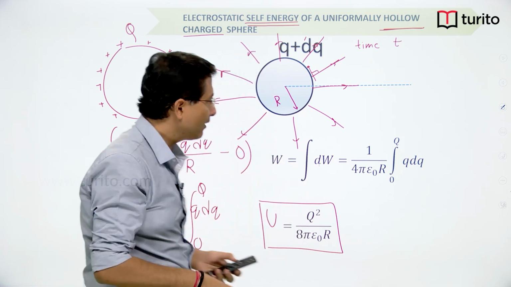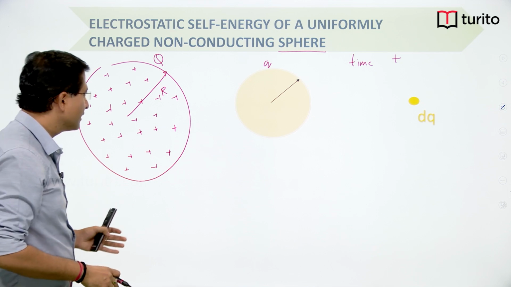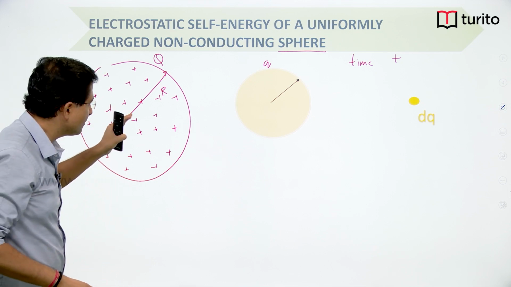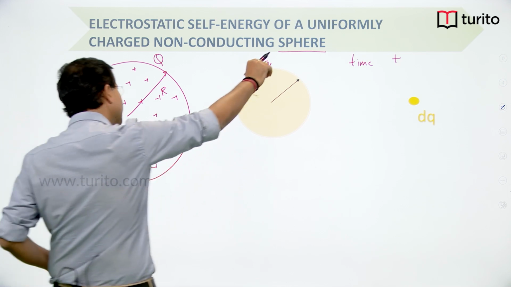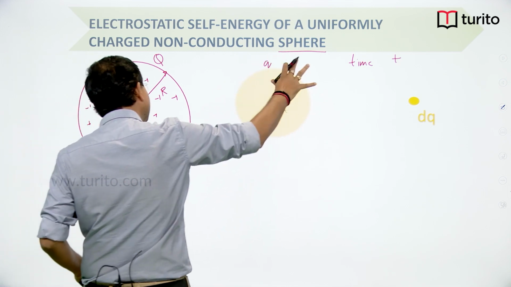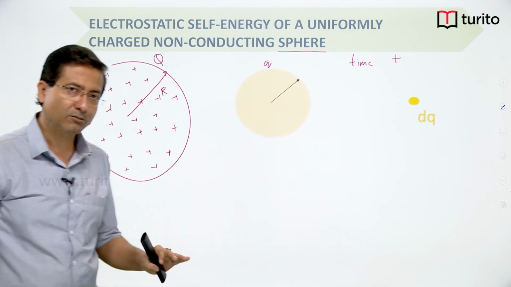But here our requirement is that the density remains unaffected. So, we will bring the charge and place it in such a way that the density of the volume charge distribution remains the same throughout, right.